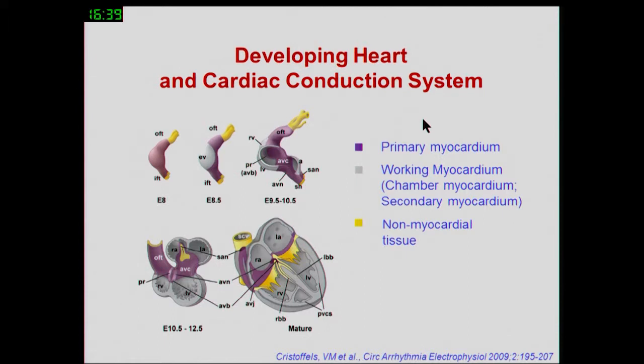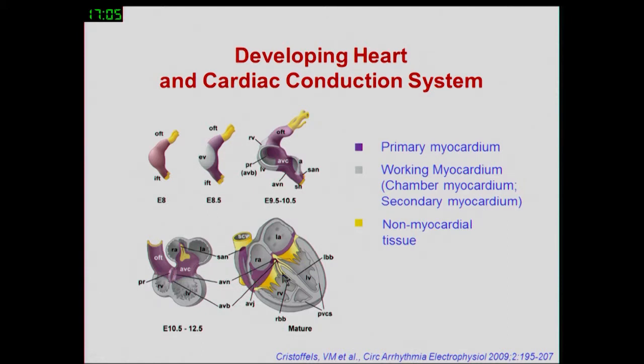As I mentioned before, the primary myocardium derived from the initial heart tube, in purple, persists in the sinus venosus, AV canal, the outflow tract, and the inner curvature of the atria and ventricle in the developing heart.